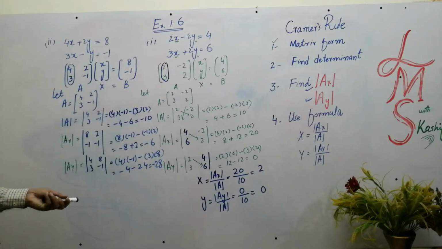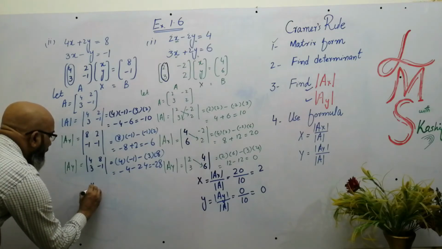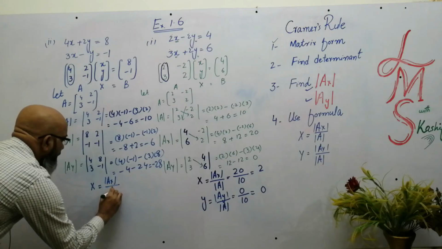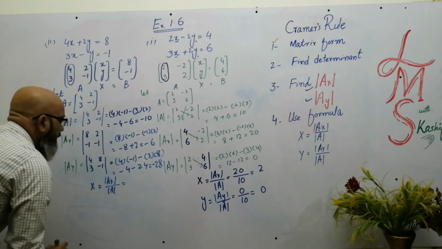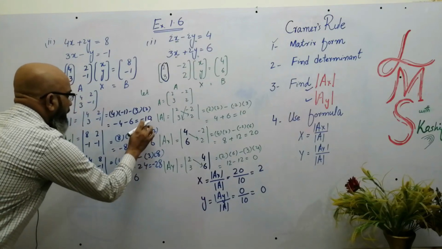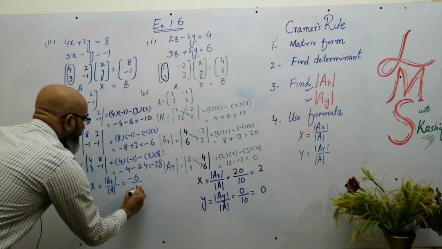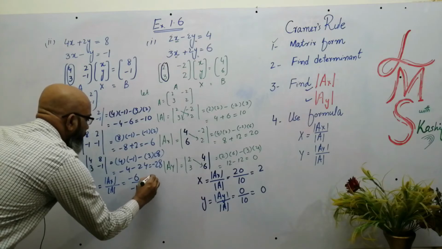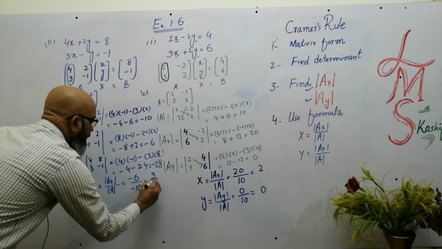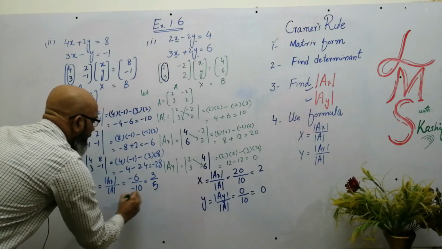So now you can find your values of x and y. x is equal to Ax determinant over A determinant. What is Ax? That is minus 6. And what is A determinant? That is minus 10. So minus cuts with minus, and when you simplify, that is 3 over 5.